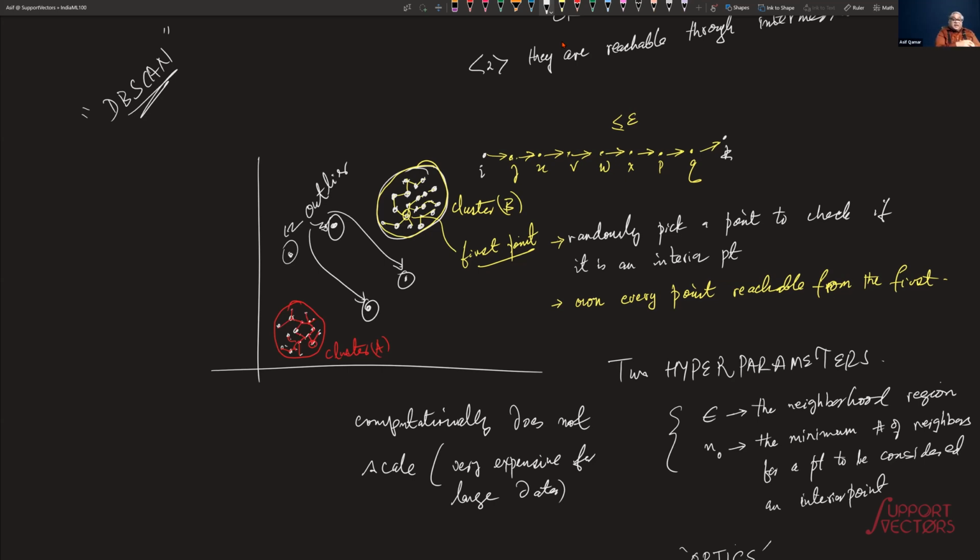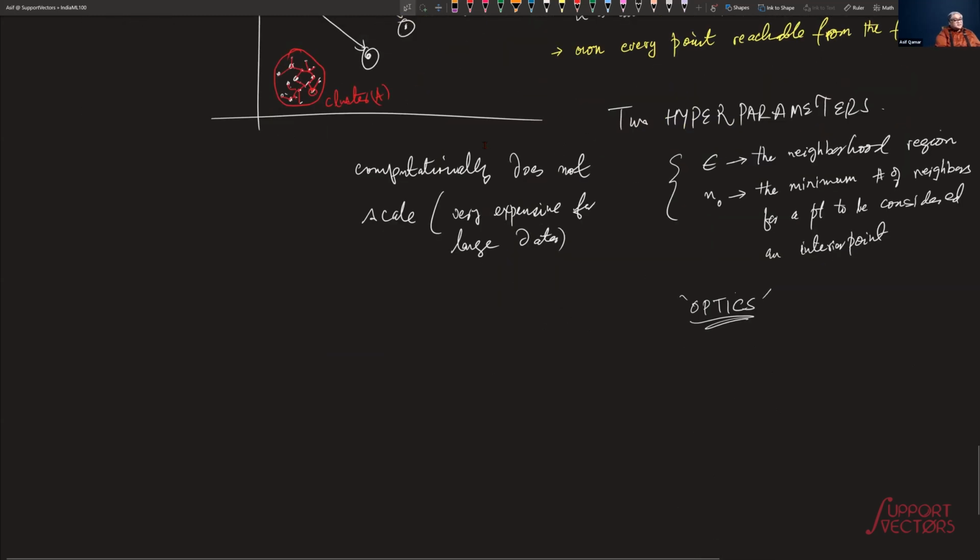So as such, it is very heavily used. Often it is my algorithm of first choice while working with certain data sets. It has successors. Twenty years have elapsed, and 20 years is an eternity in machine learning, where research papers keep coming out practically every day, dozens of them.